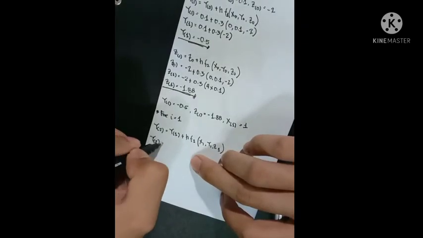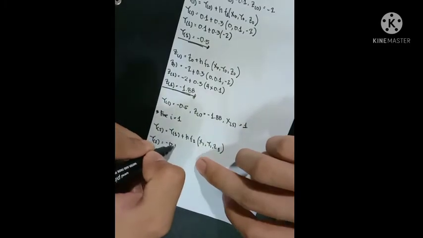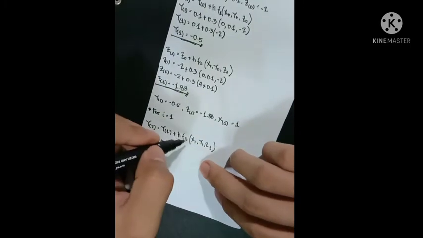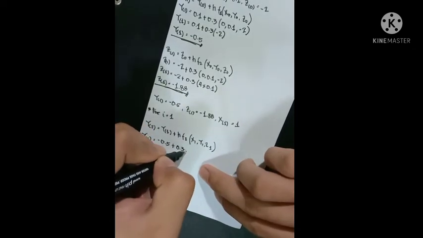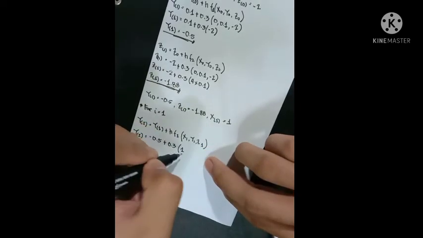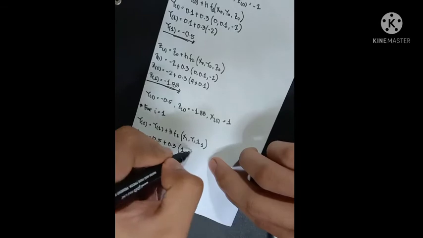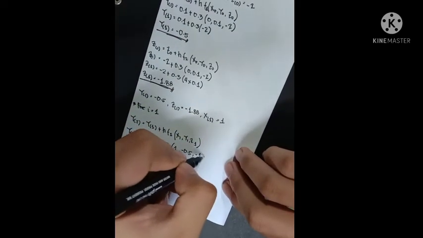Our y2 is equal to y1, which is negative 0.5, plus step size of 0.3 times the function of x1, which is 1, y1 negative 0.5, and z1 negative 1.88.